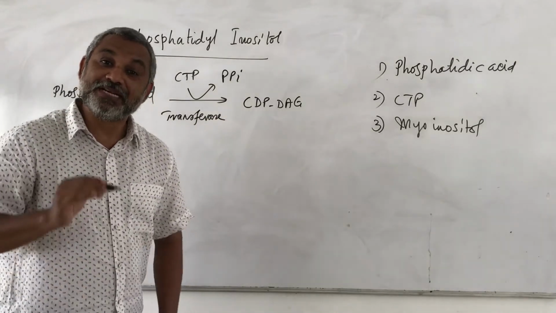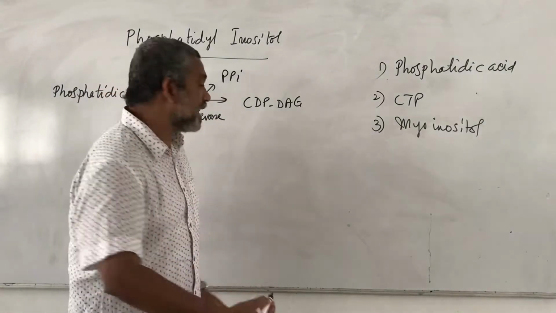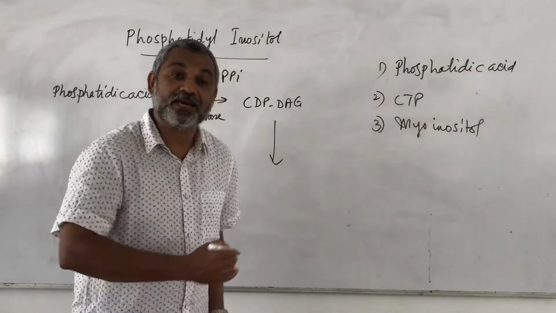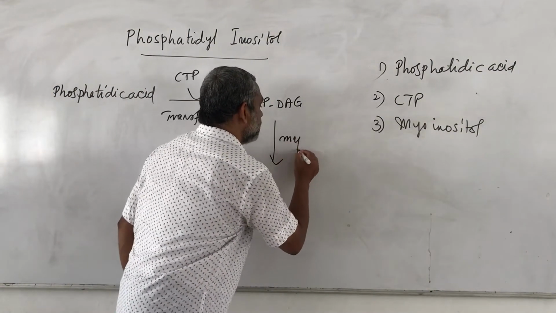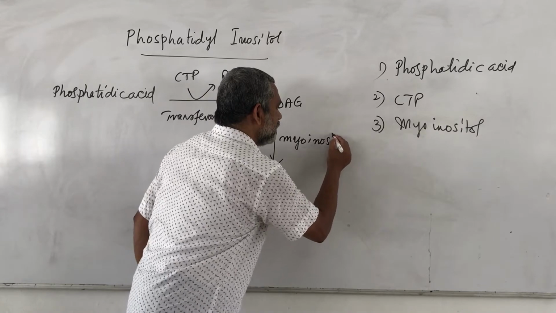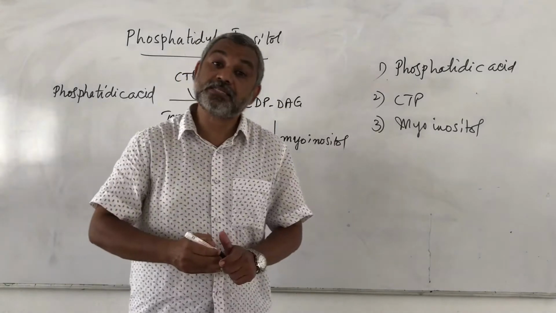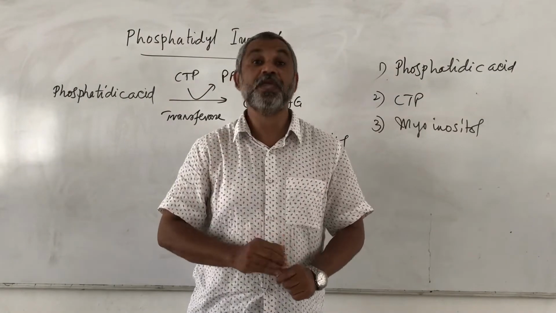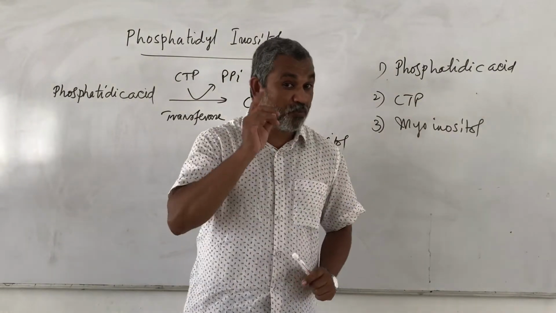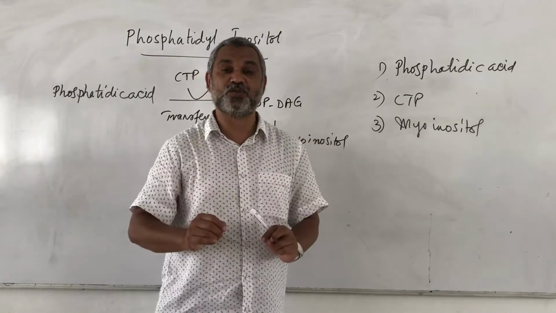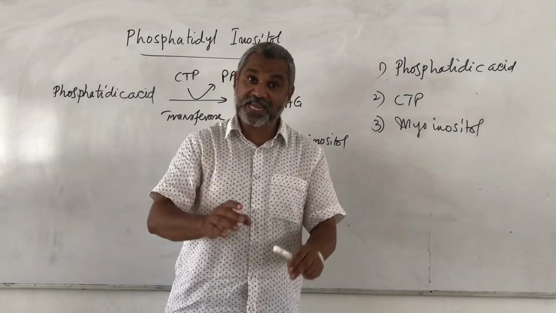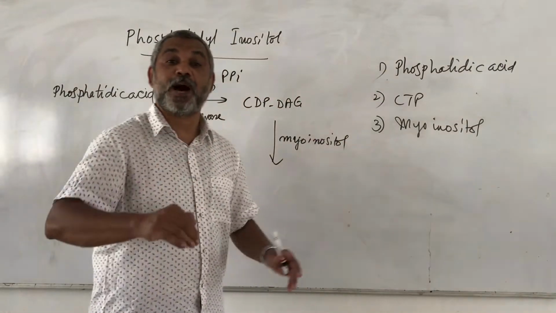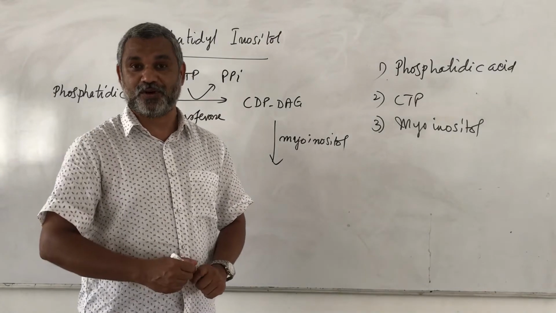Once you have CDP diacylglycerol, the next step is to add myoinositol. See, inositol exists in about 9 stereoisomeric forms. Out of all these, only one, that is the myoinositol, which is optically inactive, becomes part of phosphatidylinositol.